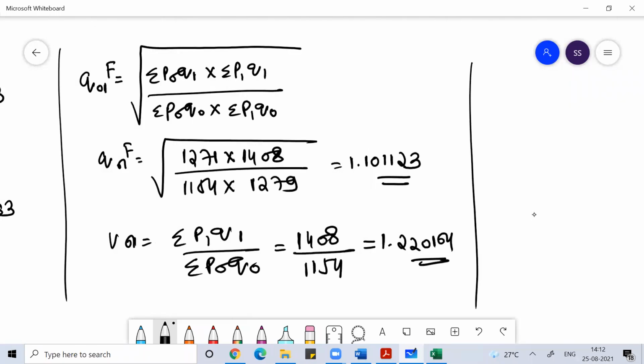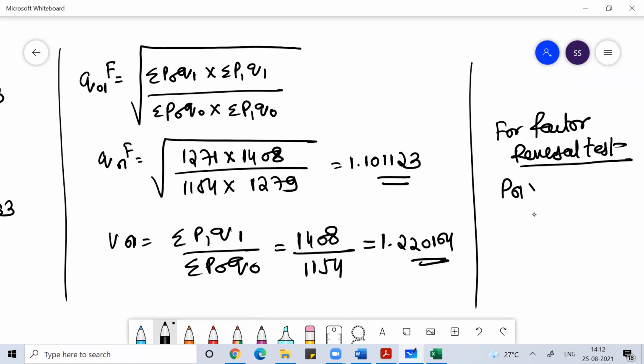For the factor reversal test, we want the product of P01 into Q01 to be equal to V01.